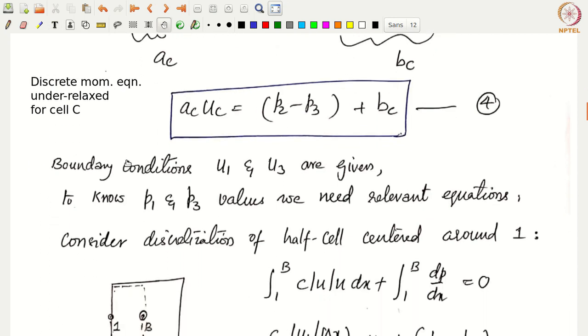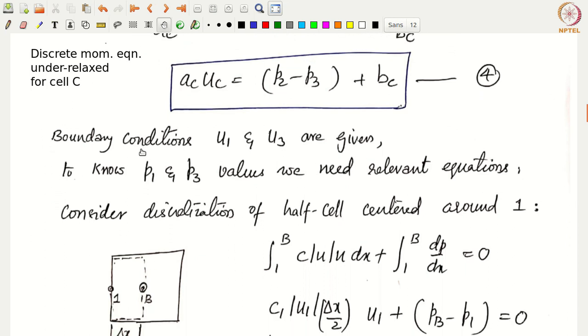Now, one more thing we have to do differently from what we did in the staggered mesh case is that the boundary conditions U1 and U3 are given, but we don't know the pressures at these locations. P1 and P3 are not known, and in order to know them we need relevant equations.